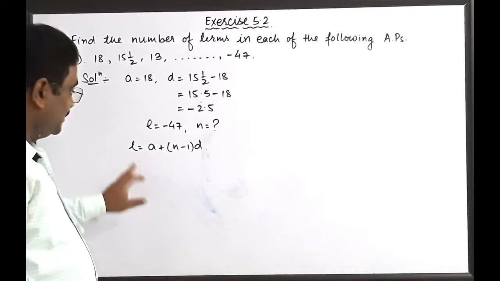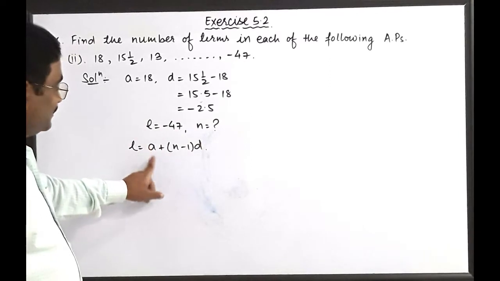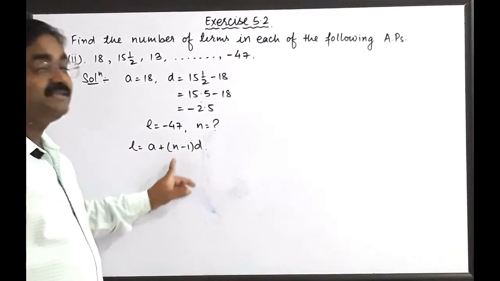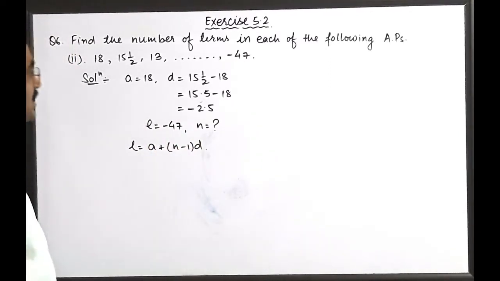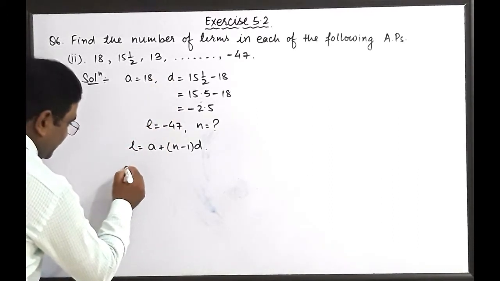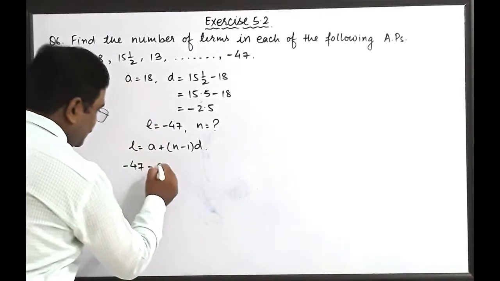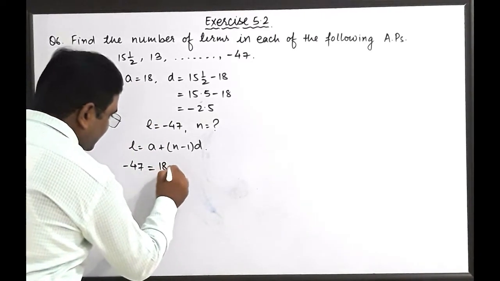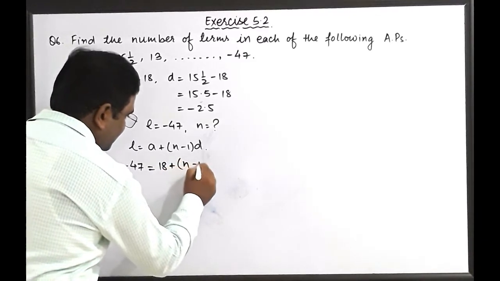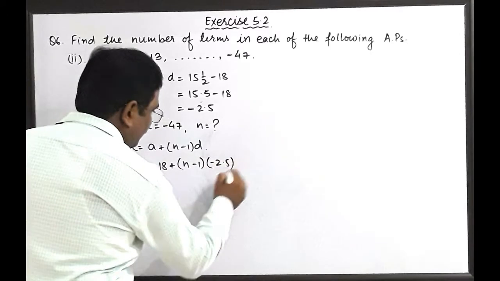L, this last term, is equal to a plus (n minus 1) into d, where a is the first term, d is the common difference, and n is the number of terms in this series. Now substitute the values which are given in this. Last term is given, minus 47. First term is also given, is 18, plus (n minus 1), and d is given, minus 2.5.